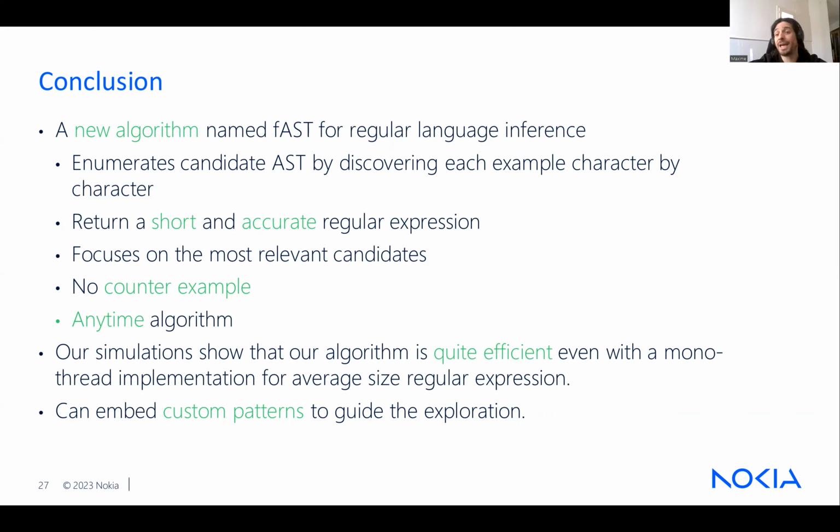And it's also an anytime algorithm, meaning it will keep improving the results until it guarantees an optimal one, but it can be interrupted at any moment. It will normally have a solution. And our experimentation shows that even with a Python monothread implementation, it works reasonably efficiently.